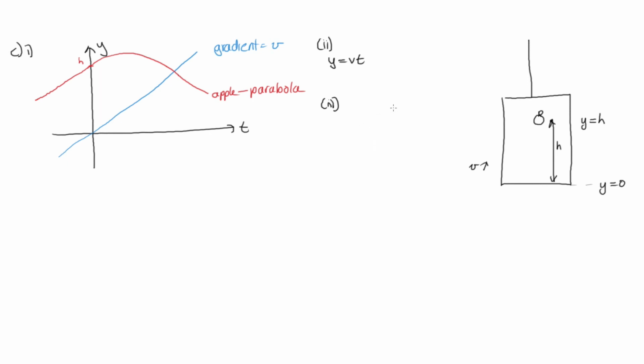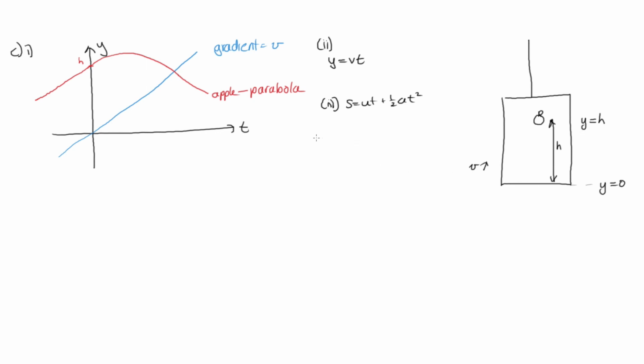So we can use our kinematic equations for this. The most useful one is s is equal to ut plus a half at squared. s is the displacement, so we're looking at the displacement in the y direction here. This is the displacement from its initial position, and its initial position is h.